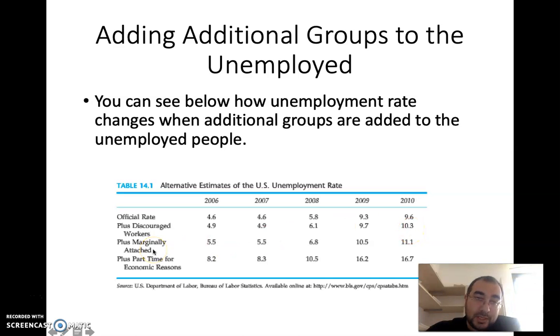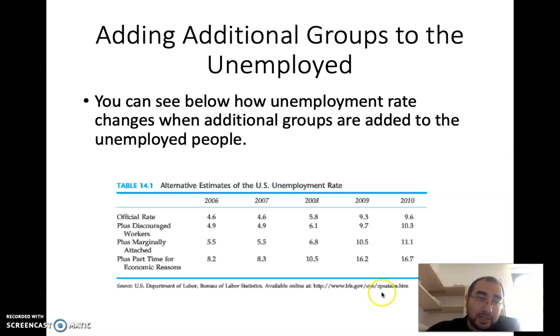When you add marginally attached workers, you have another 0.6, 0.6, 0.7, 0.8, and 0.8% added to the unemployment rate, 11.1. These are relatively small additions. Still, they mean something, but they are small additions.